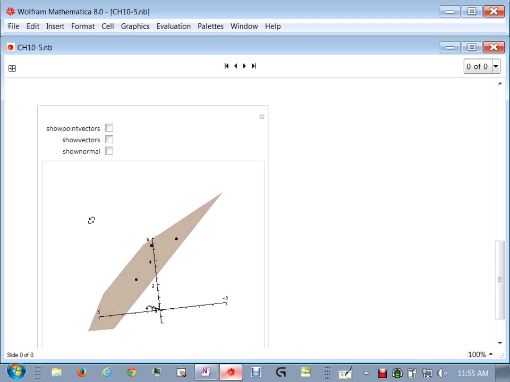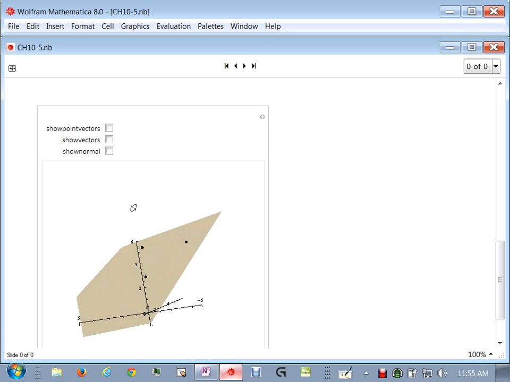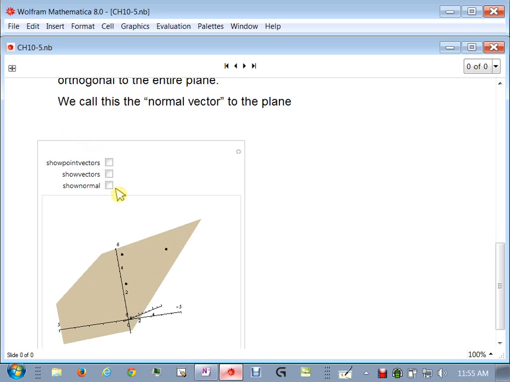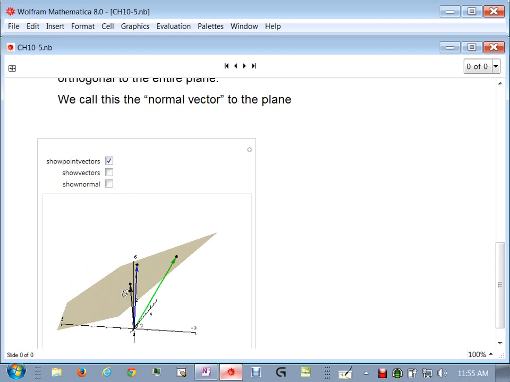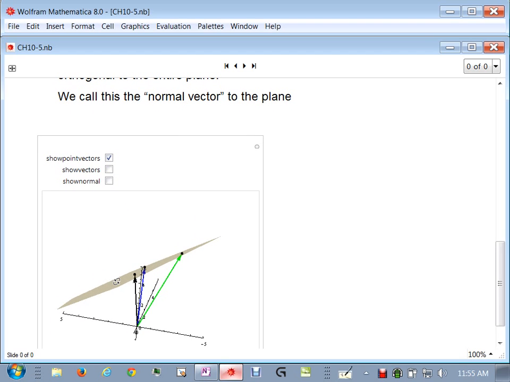Looking at it from the side there. Here's how we're going to come up with a way of defining it. First of all, we're going to create vectors that go from the origin to those 3 points, right? We've got vectors. So for each of those points, we now kind of convert them to vectors. And that's what we would get.